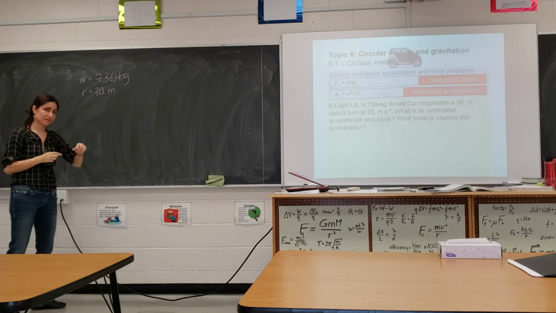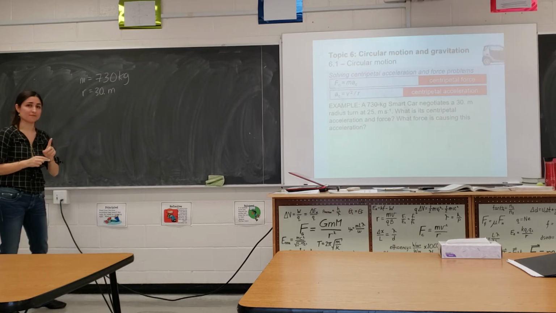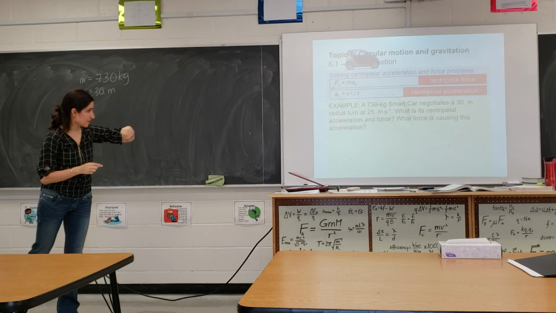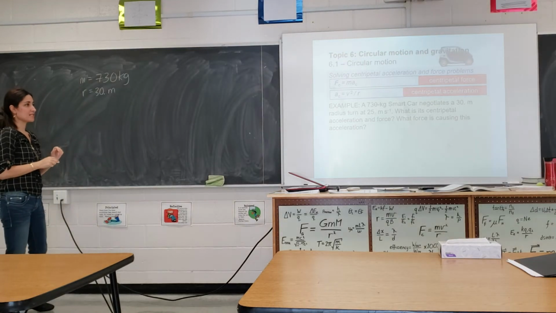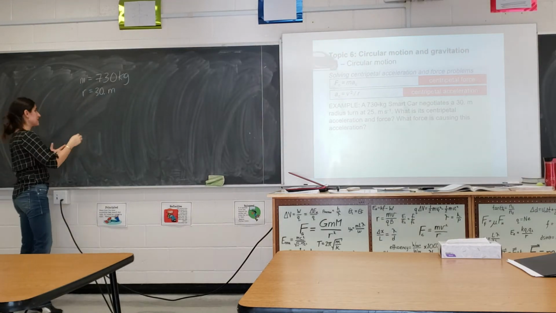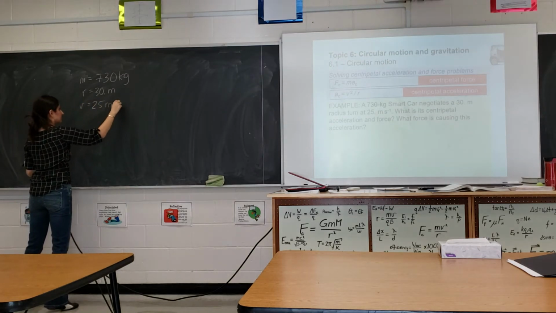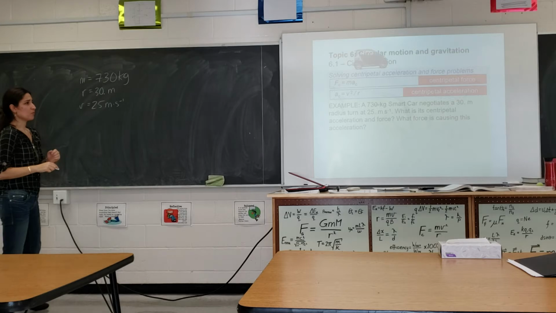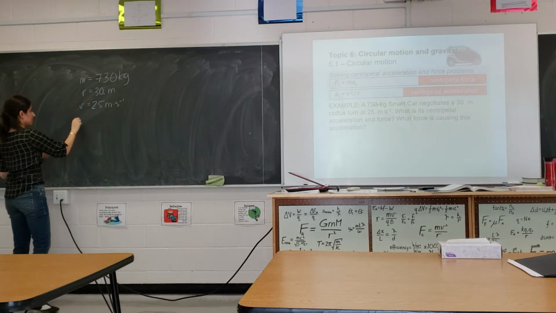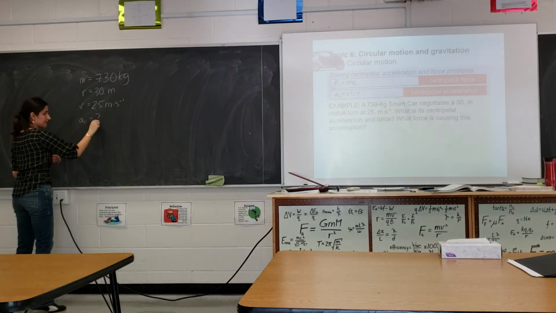If that decimal was not there, it would only be 1 sig fig. And the turn is negotiated at 25 meters per second. That's the speed. What is its centripetal acceleration and force?